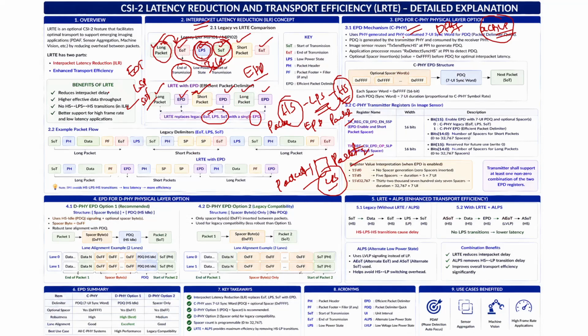And then this EPD will also reduce the switching from high speed to low speed, the low power state. We are not moving to that.